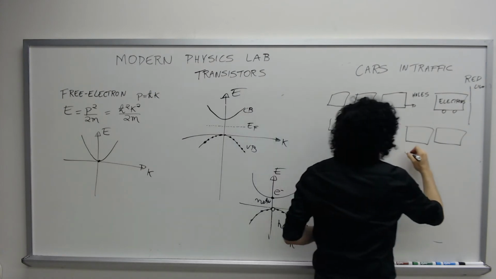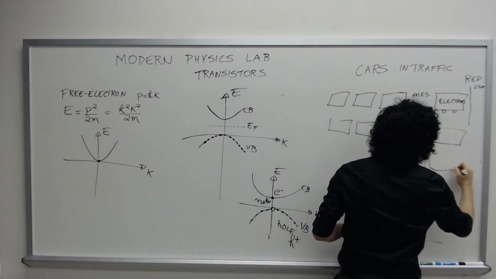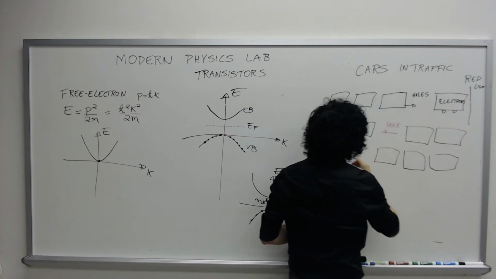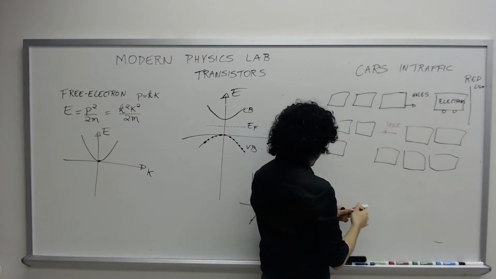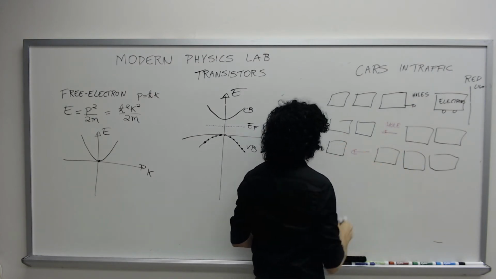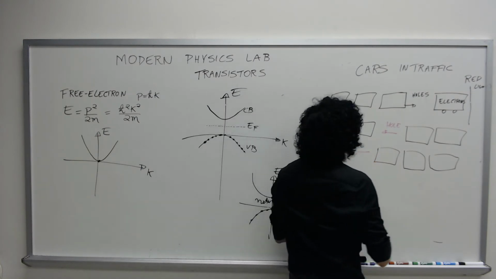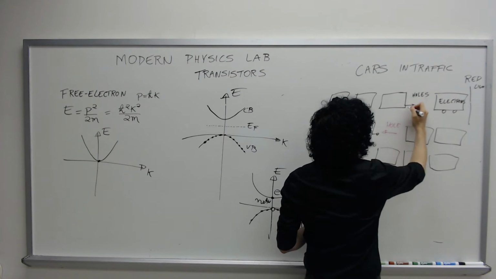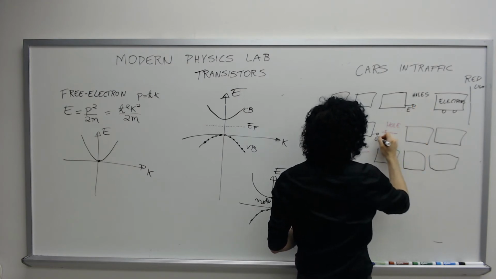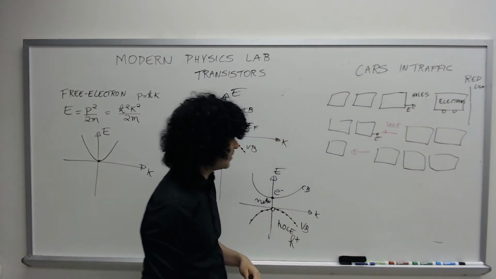It's just a representation of the motion of the hole, while the electrons are traveling in the opposite direction.